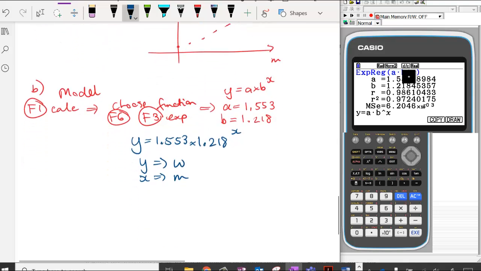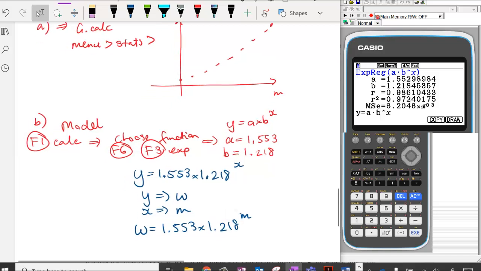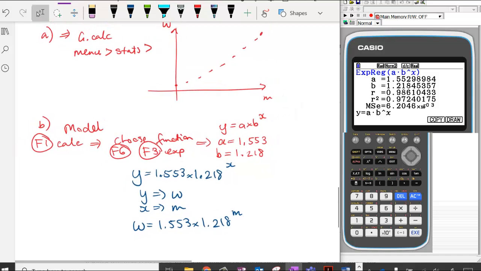So we can say this is my weight is equal to 1.553 by 1.218 to the power of m, which is time in months. And there we have it. That's how we get an exponential model from a graphics calculator and data.